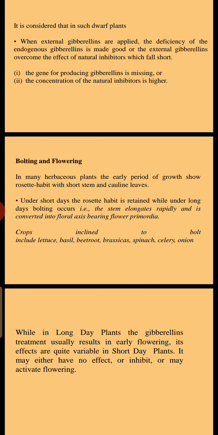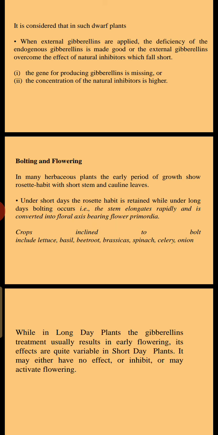Come to the next slide, which is bolting and flowering. In some cases it has been observed, for example, you will see here the cabbage, the stem and leaf are the rosette type. Rosette type means very succulent, very fleshy, and the internode between the two nodes is very short.